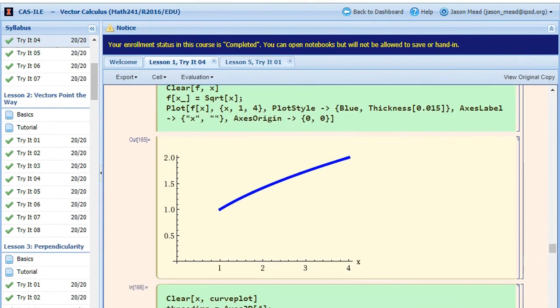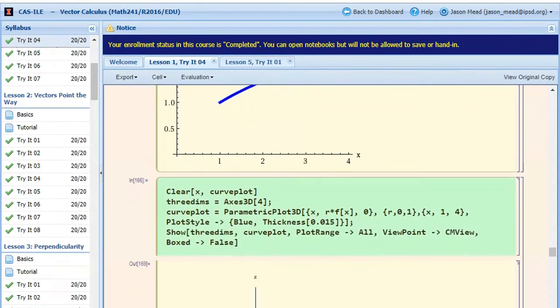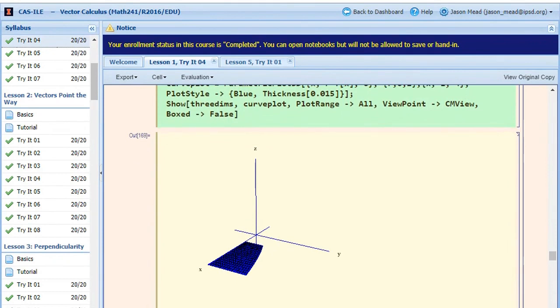Now, in order to revolve that around the x-axis, remember what we're doing is we're taking that area from the square root curve to the x-axis, and notice that when I graph this in 3D, x and y are kind of flat on the ground and z's going up. I did that just so that you can see what's going on in 3D. And plus, when you get to college and you have to do 3D graphs, a lot of times it's going to look like this anyway, so you might as well get used to it.